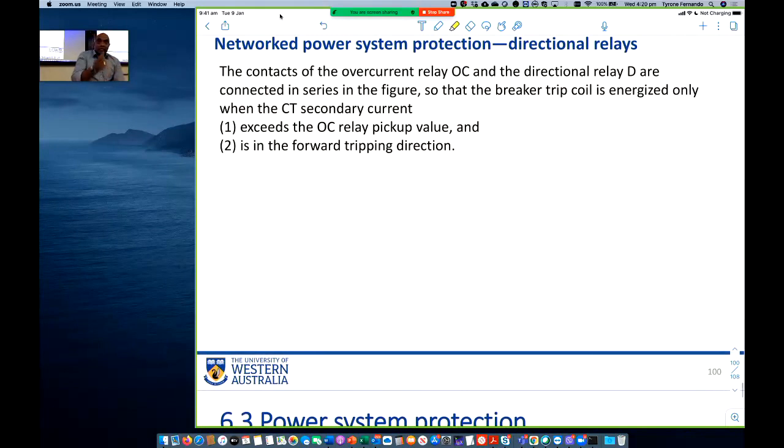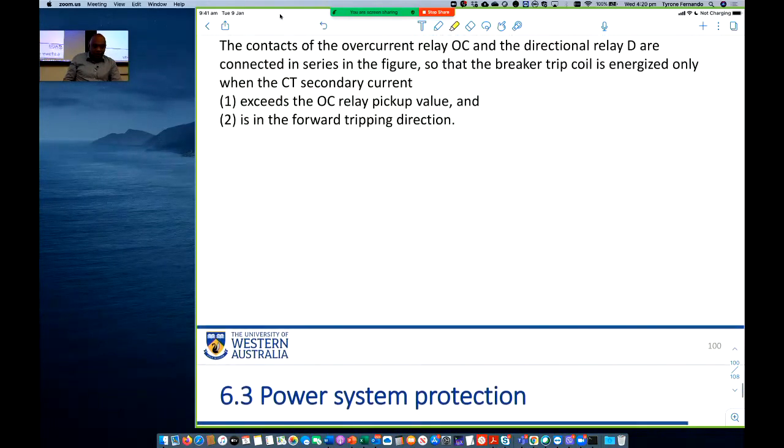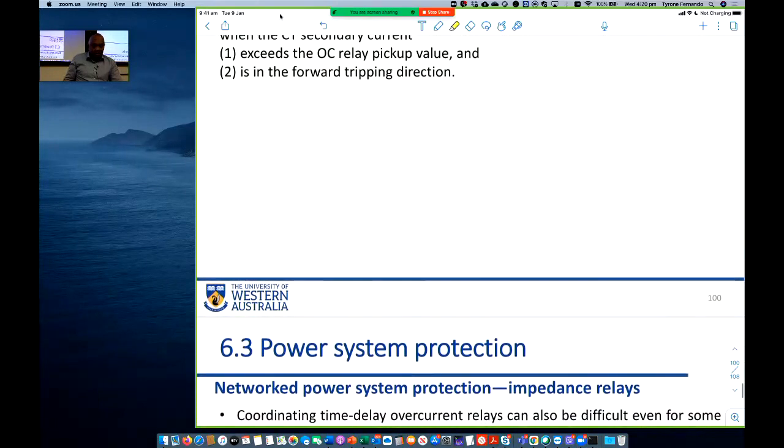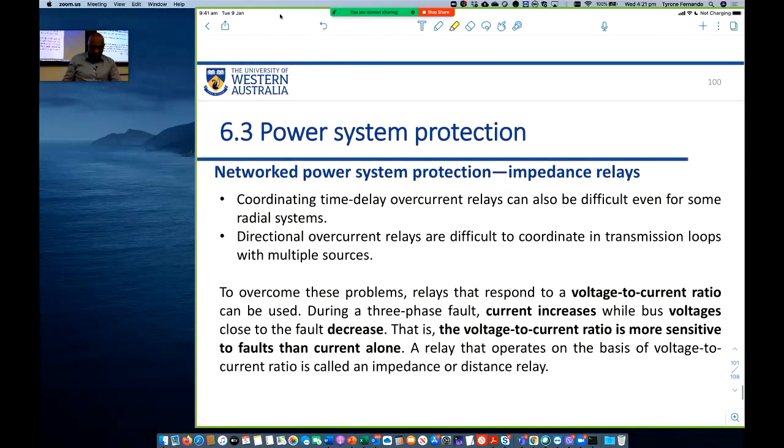Overcurrent is the magnitude of the current, direction is whether it's going in the correct direction. They are connected in series so that the breaker trip coil is energized only when the current in the current transformer secondary exceeds the overcurrent relay pickup value, and also in the forward direction. So they both have to be satisfied to activate the circuit breaker.